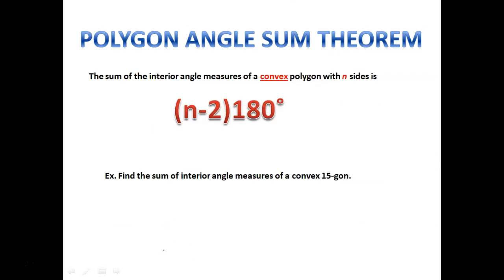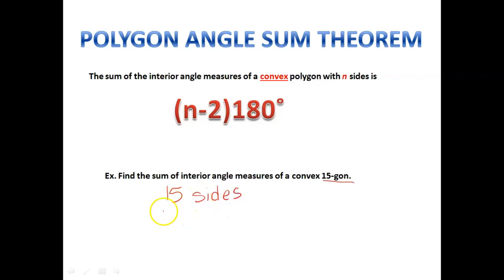All right, so you have a polygon angle sum theorem. Make sure you're writing down this formula. I think you've seen this before, but just in case you have not, I'm going to introduce it as if you've never seen it before. The sum of the interior angle measures of a convex polygon with n sides, and n stands for the number of sides, is n minus 2 times 180. So I will ask you a question. Find the sum of the interior angle measures of a convex 15-gon. It's a 15-gon, so it has 15 sides.